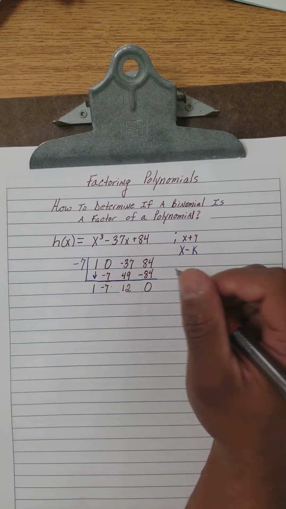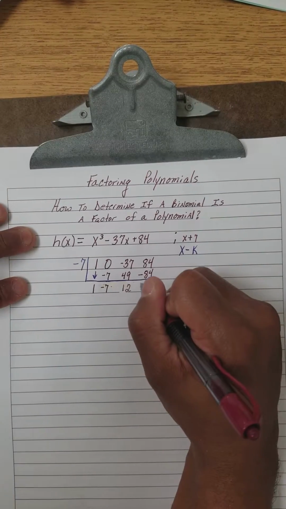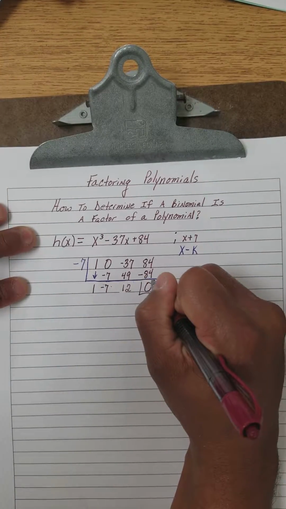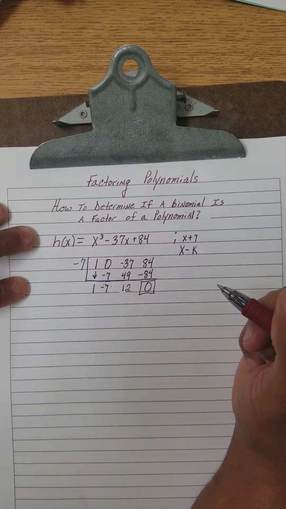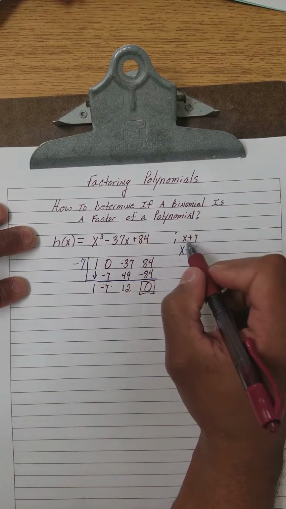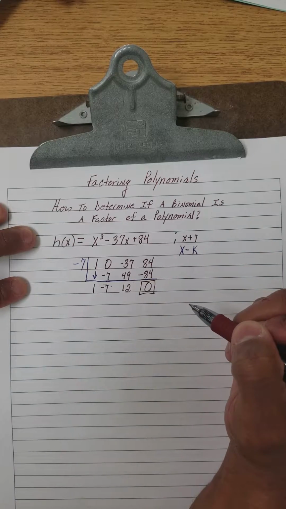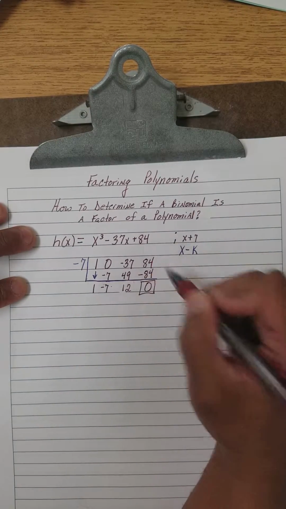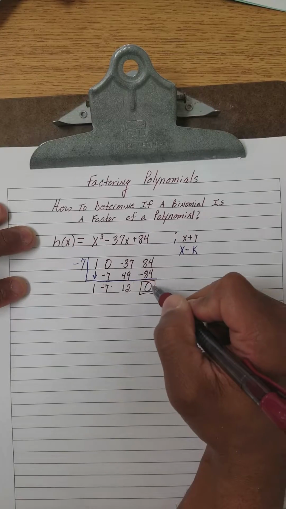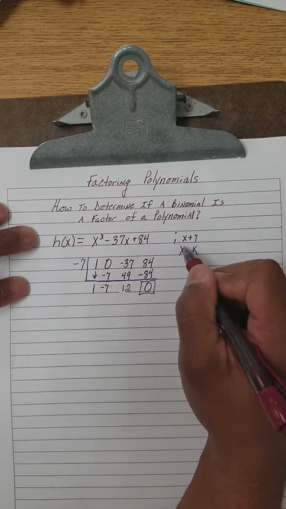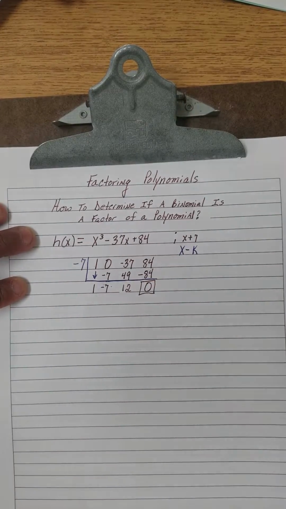Because my remainder in this case is 0, that tells me that my factor x plus 7 was indeed a factor of this polynomial. Only because my remainder is 0, my x plus 7 is a factor of this polynomial.